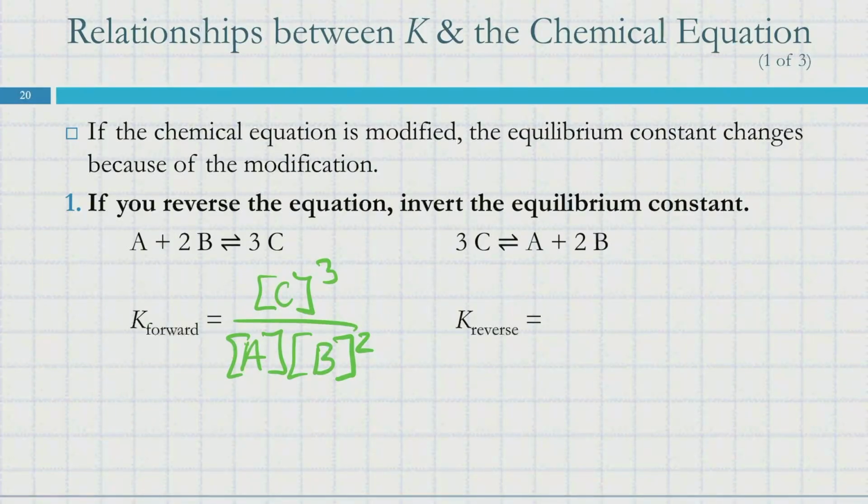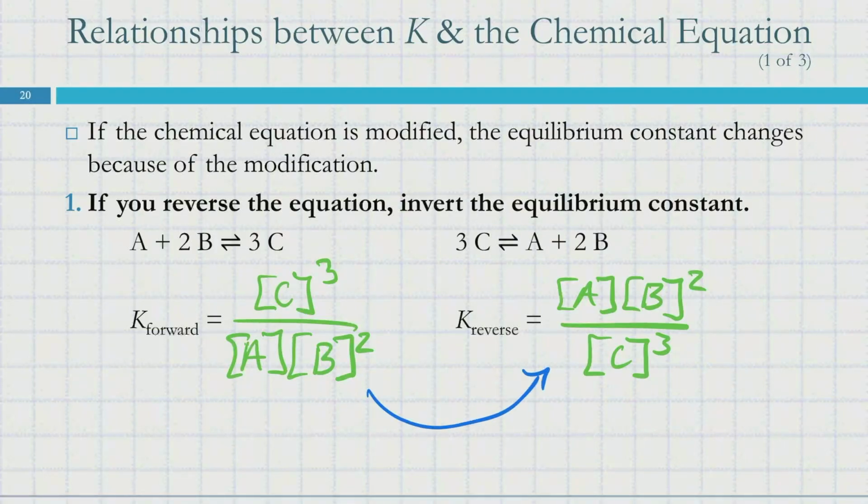In our right example, which we're calling K reverse, our equilibrium expression is concentration of A times concentration of B raised to the 2nd power over the concentration of C raised to the 3rd power. This is just to show you that when we switch our equation, we're flipping the top and bottom.